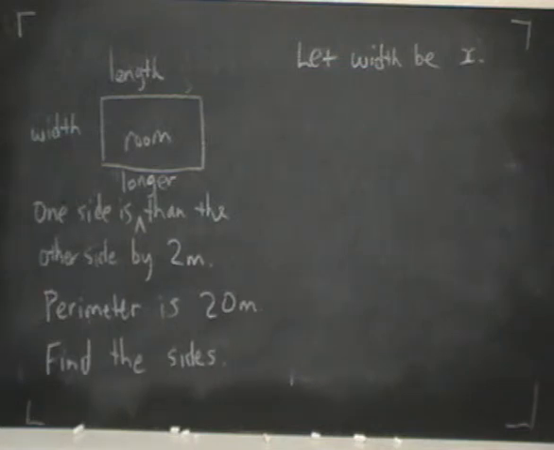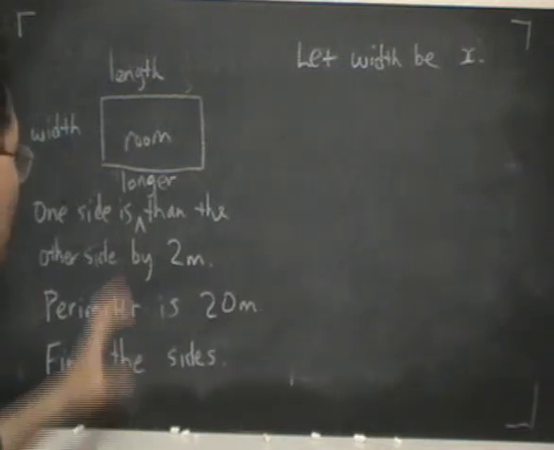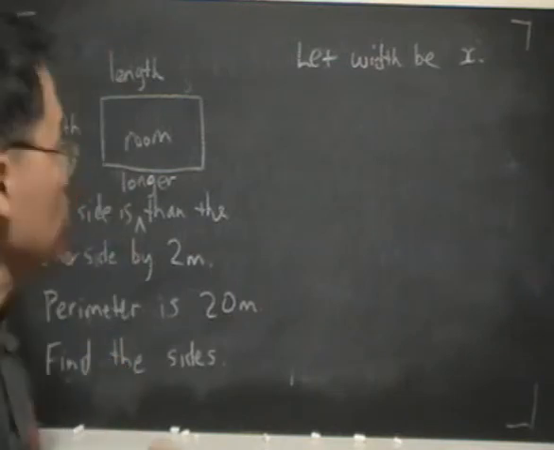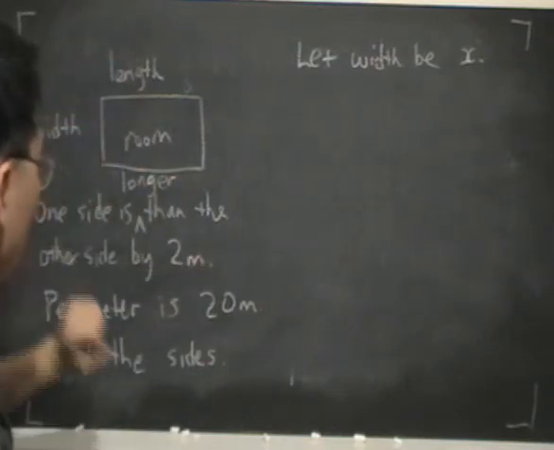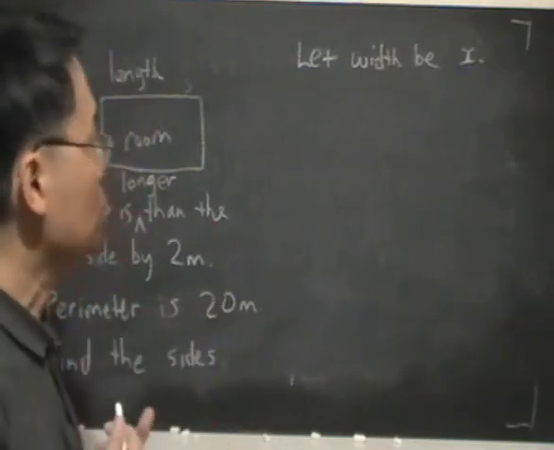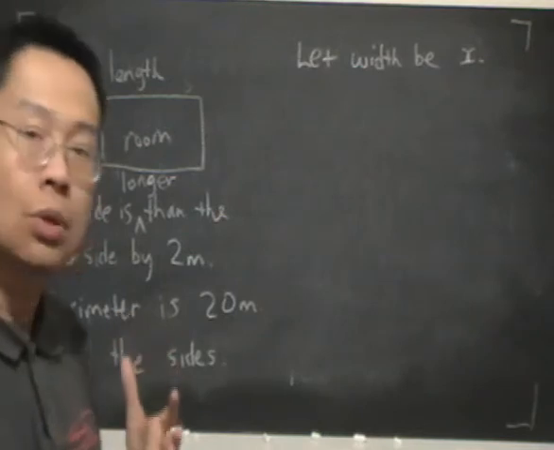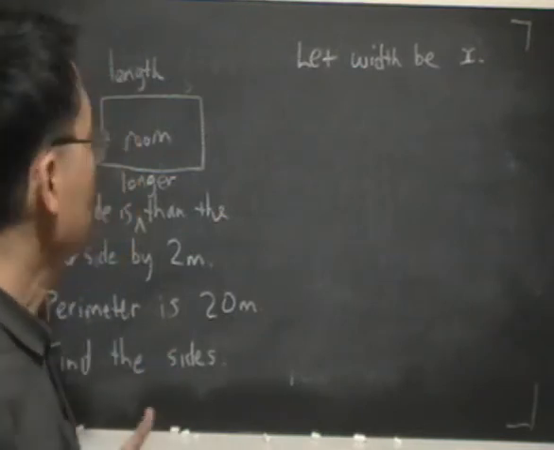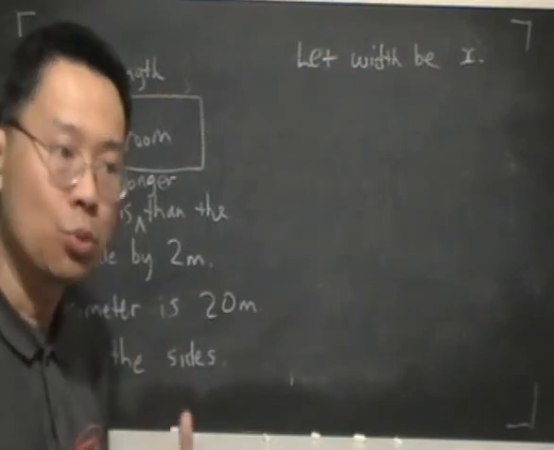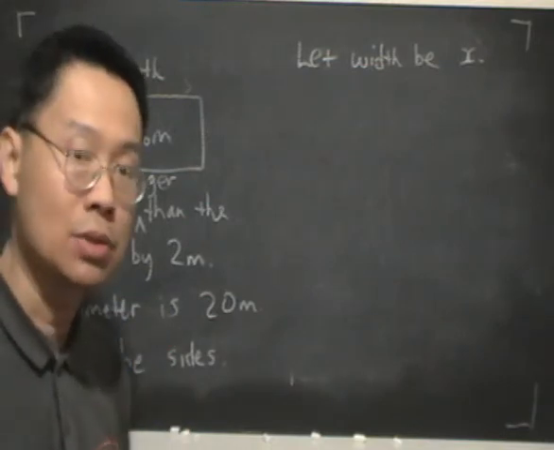Now in the next step, we have the other quantities. We have the length and we have the perimeter, and the way is to try to relate these to x. That means to write them using x.